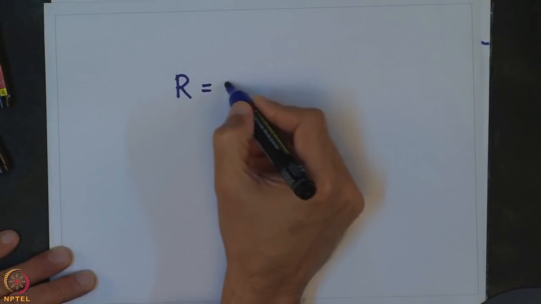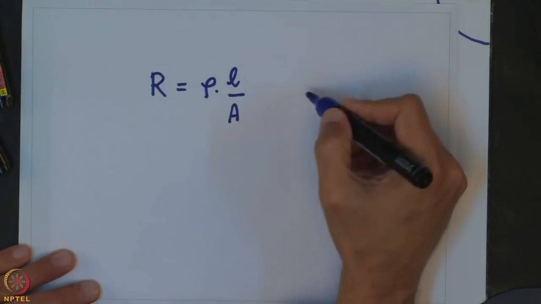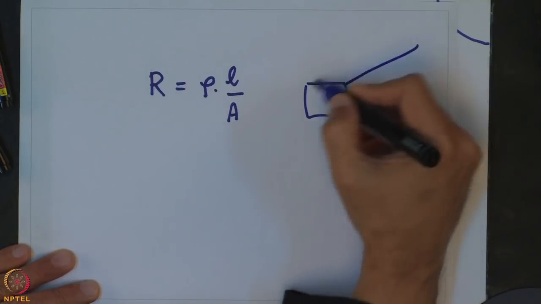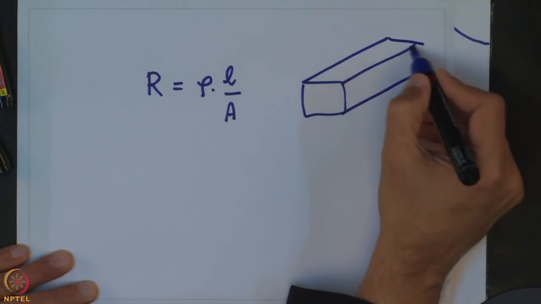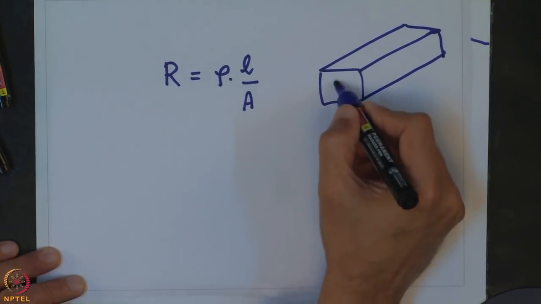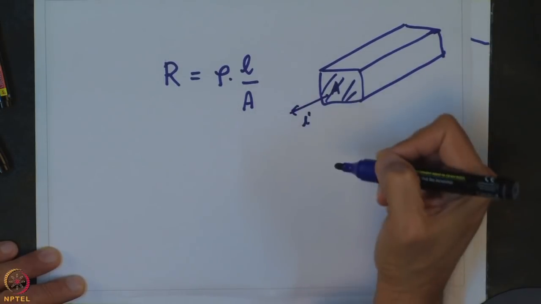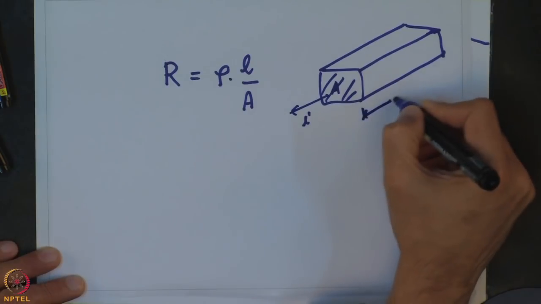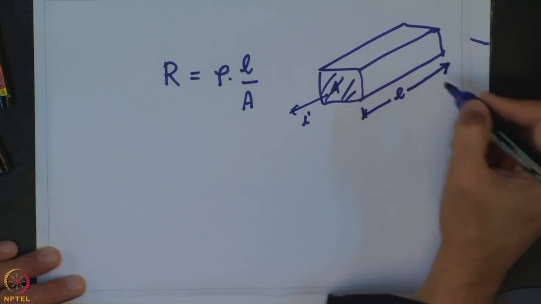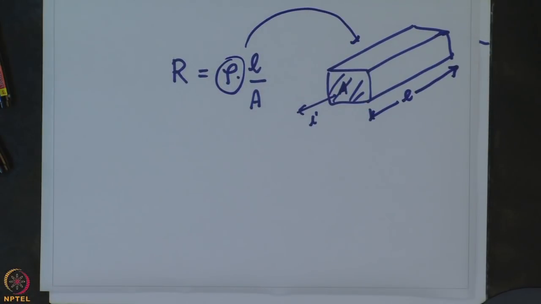So the resistance is given by this formula, where if I consider this as a solid bar, this is the area of cross section through which a current I is flowing, and it has a length L, and rho is the property of the material which makes up this bar, this rod.